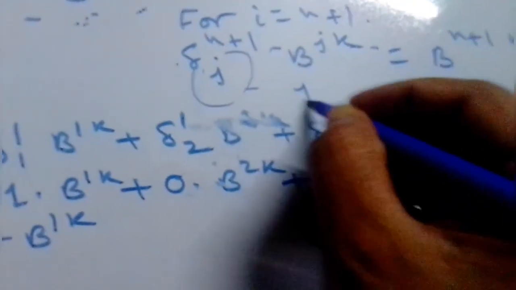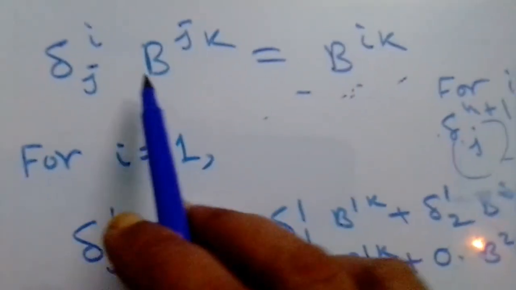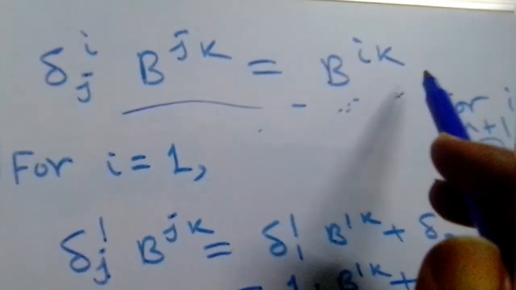Here we are taking j from 1 up to n plus 1. So we have proved that this result is also valid, and after the generalization we can say this is true.